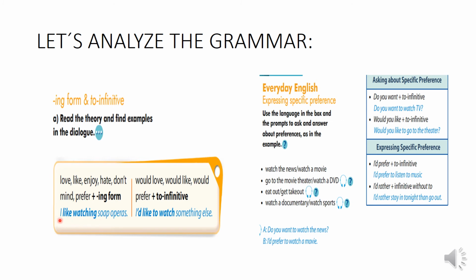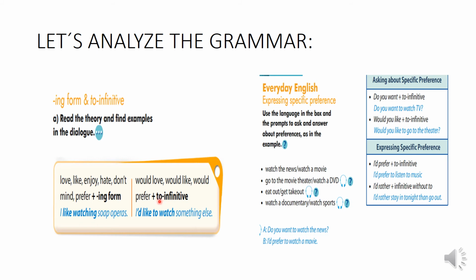I love dancing with my friends, and things like that. And if you find some sentences to express a preference, like this example, you can use the expression would love, would like, or would. In this case we are going to express this idea using the verb prefer plus another verb, and this verb is going to use a previous word.